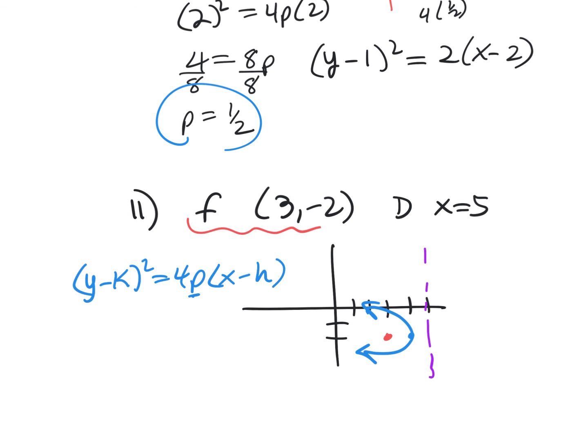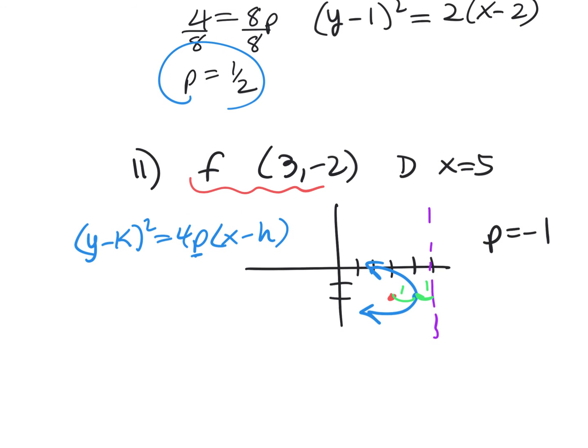And again, my p-value is going to be negative. The distance between the vertex and the directrix is 1. Between the focus and the vertex, it's 1. So my p-value is -1. So let me go ahead and plug it in.